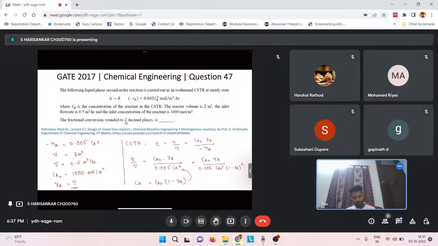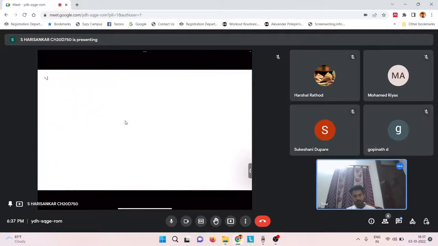So let us rewrite this. V by nu is equal to Ca0 Xa by 0.005 Ca0 square into 1 minus Xa the whole square.